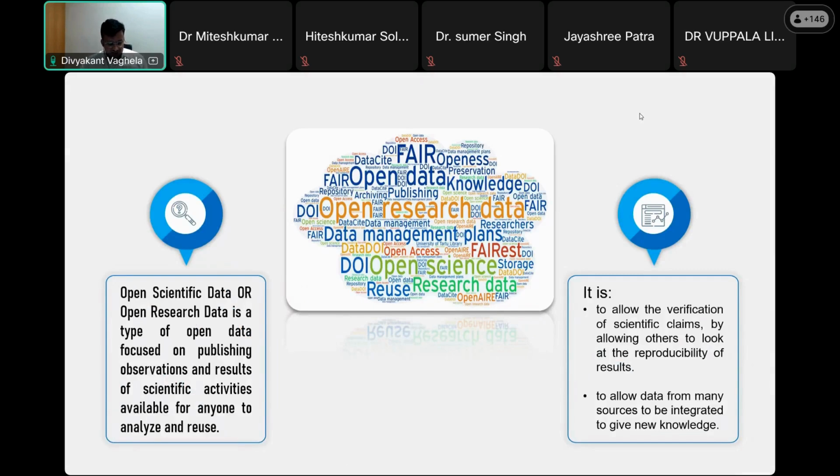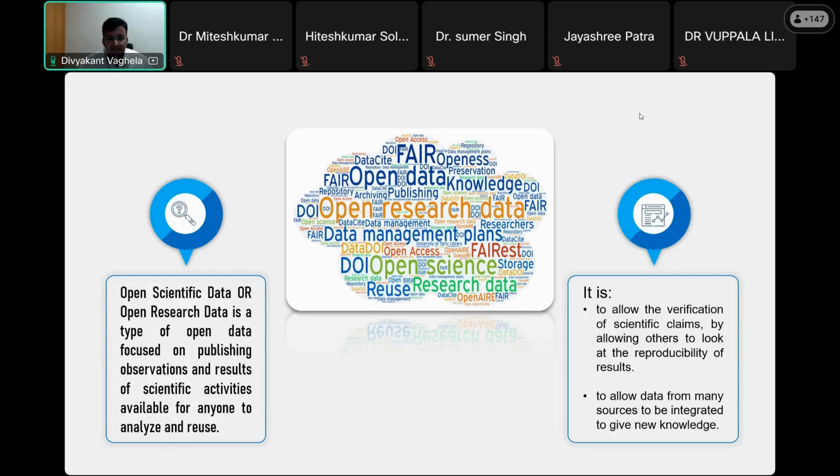Once the data is available, somebody can verify the claim. So it is to allow verification of scientific claims by others, and to allow collaboration or combining with other sources, so they can generate new knowledge. They can do many things with that.